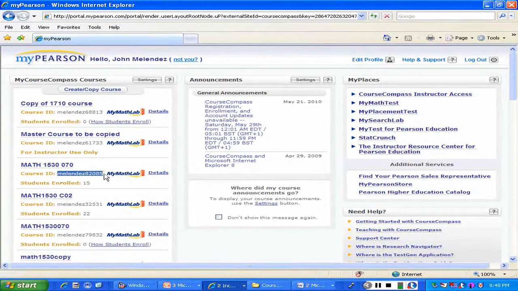Is this one right here, Melendez 82085. Melendez 82085. So write that down, Melendez 82085. Can I have a calendar?